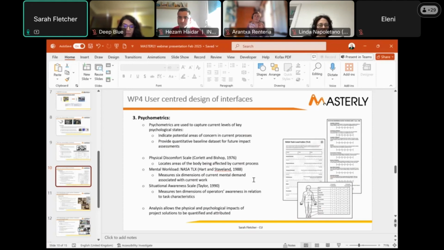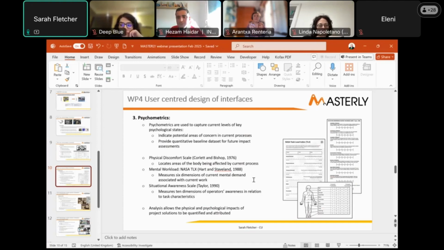We measure 6 dimensions of current mental workload using the NASA TLX, and we use that because we know there are optimal ranges of mental workload. We don't want to go for too little workload because we know that then is unsatisfactory, and we don't want to overload people. So we need to get that optimal range. And we also measure situation awareness, which we also know is very important for automated systems. People need to understand what's happening at any given time.